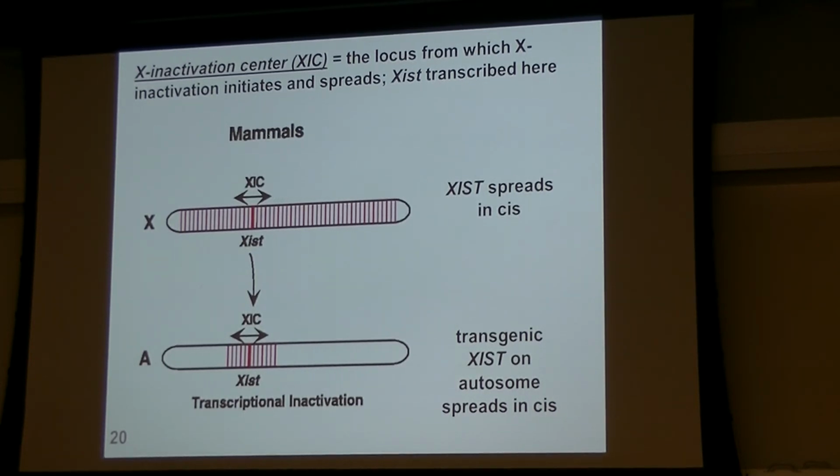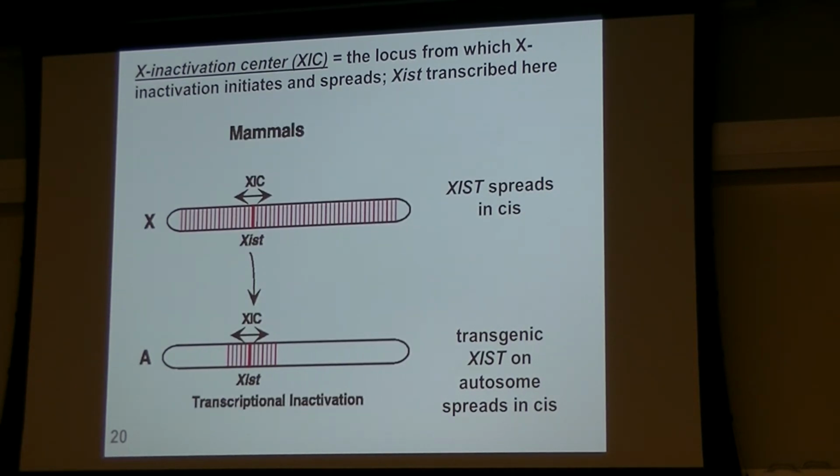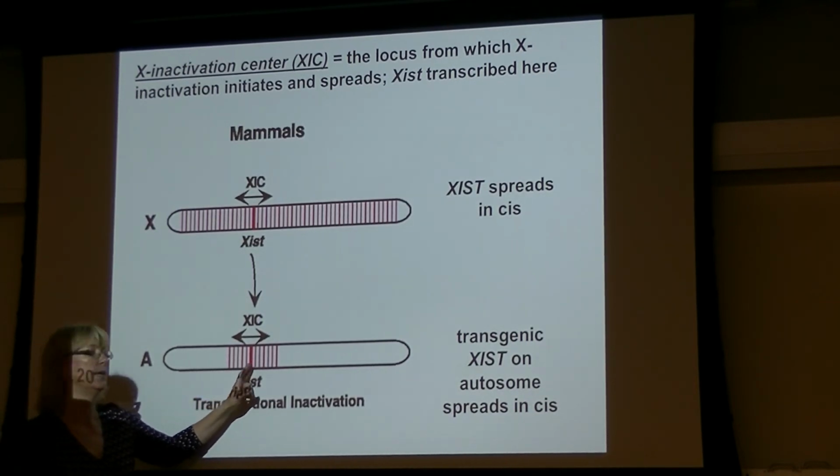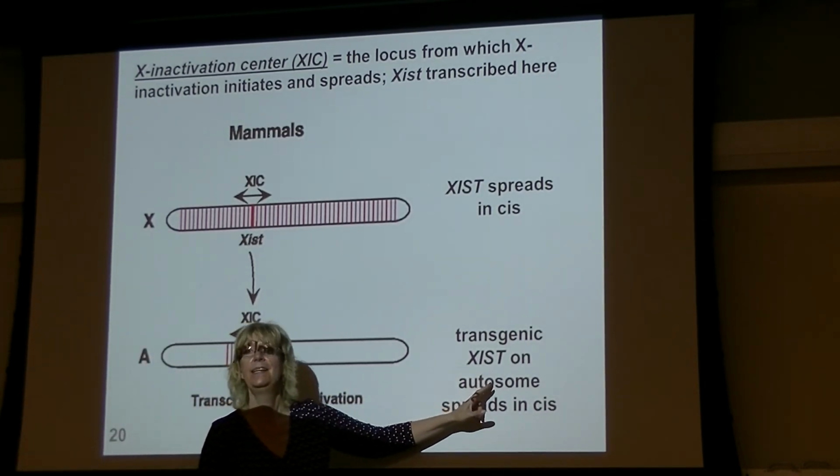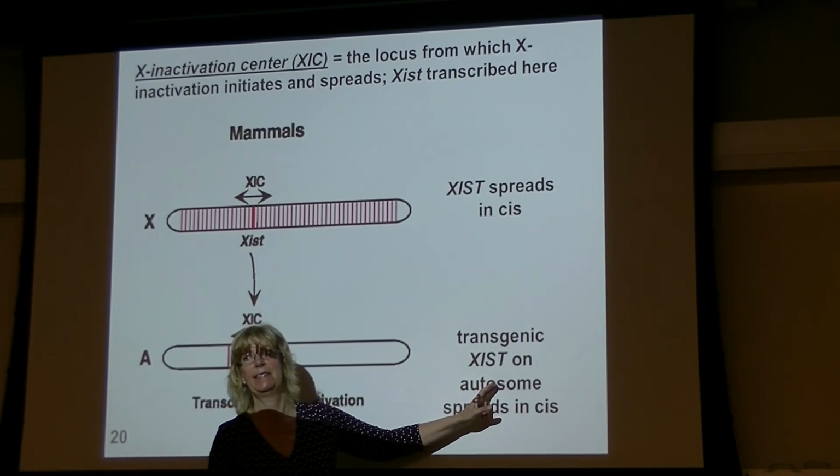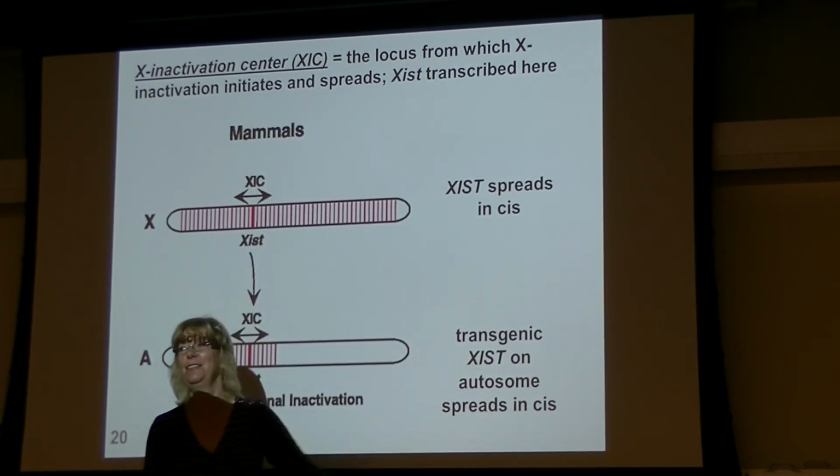And it turned out, lo and behold, that is the site where the Xist gene maps. So that's the location on the X chromosome where the Xist gene is located. If you take that Xist gene and you put it on an autosome, you can get the autosome to undergo X inactivation, or inactivation, if you will.